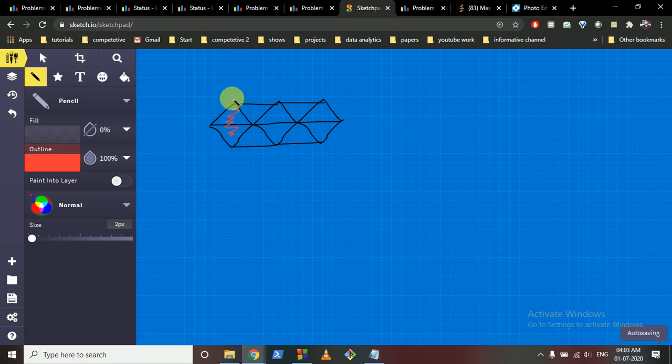If you fill the first diamond, then the other diamonds automatically fix their place, because if you fill this diamond like this, then you have to place the other diamond in this position. This is the next diamond, this is the next diamond, and this is the next diamond. I hope you understand these.